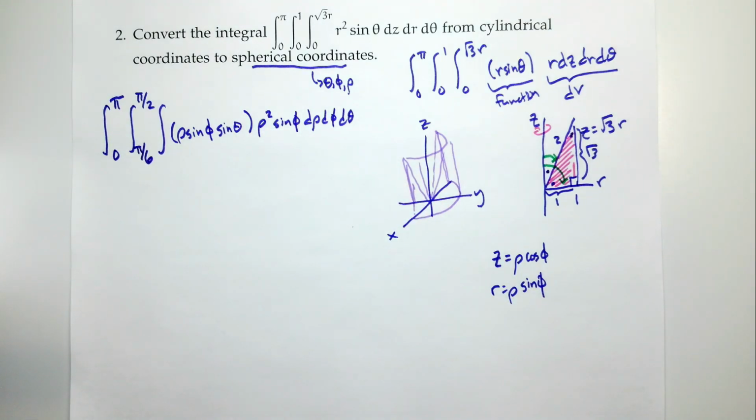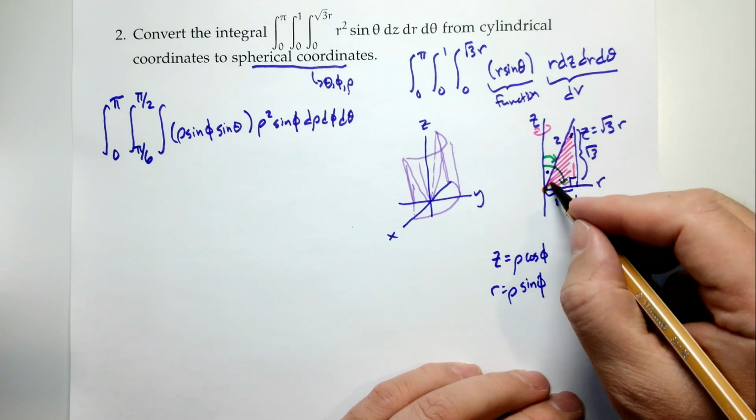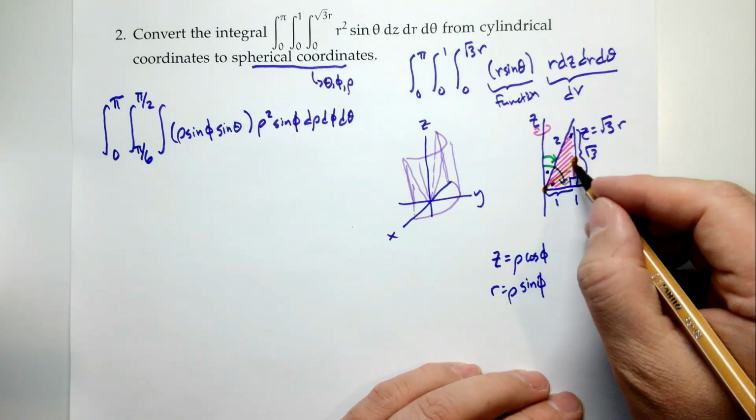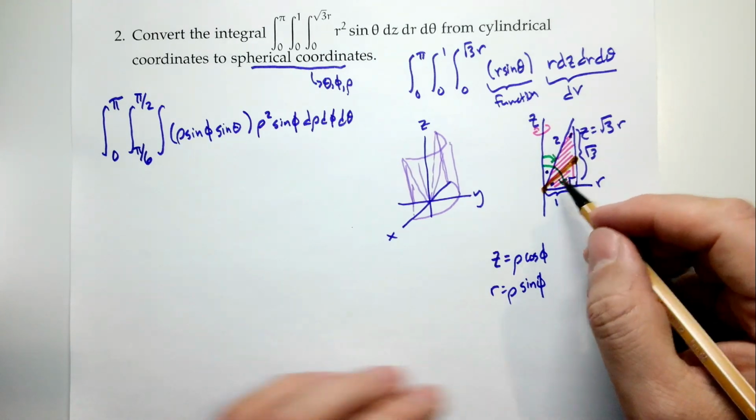Now, the last thing is rho. Now, how do we think of rho? Well, for rho, we always think about we're coming out from the origin. So that's how we start. So here's the origin. So I'm going to just start coming out until I hit my curve. All right. Now the question is, well, where do I start?